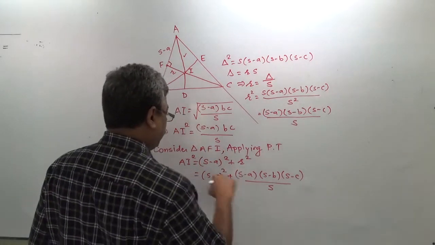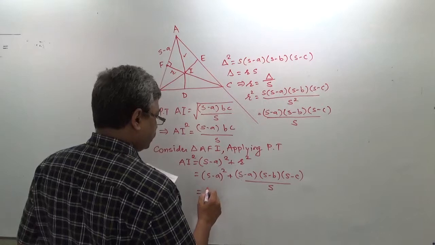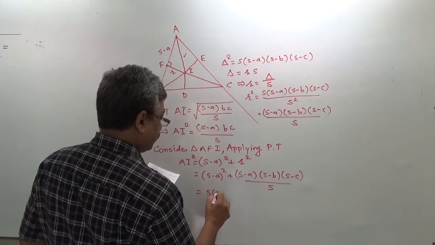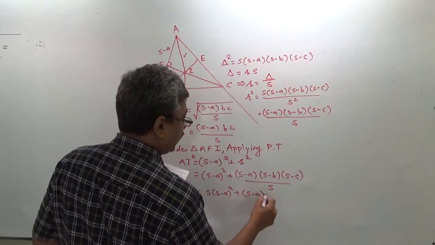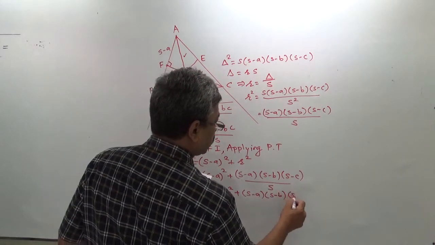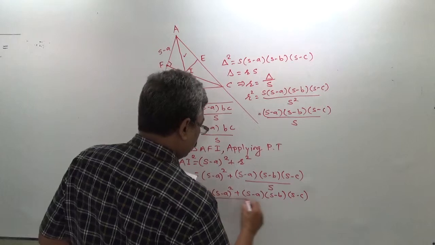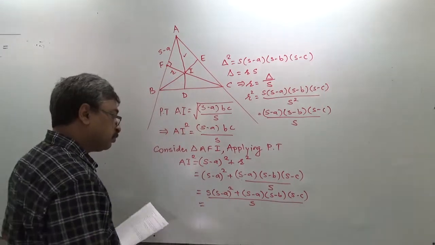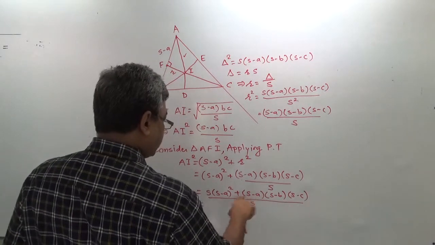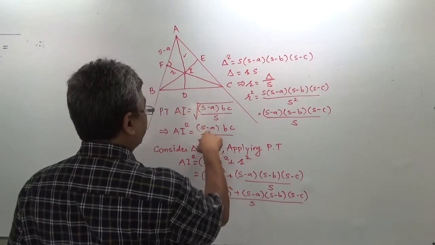Now if we take the LCM, it is s times (s minus a) bracket square plus (s minus a) into (s minus b) into (s minus c), whole divided by s, which is equal to, now I can take out (s minus a) common, which we require here.